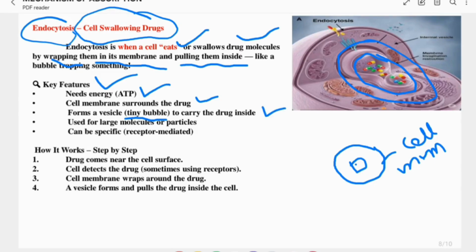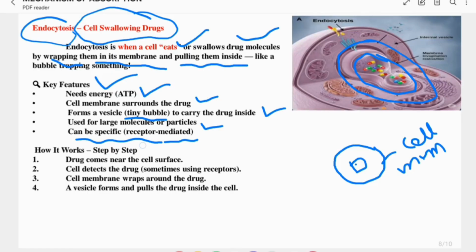This type of mechanism is followed by larger particles or larger molecules. If the drugs have larger particles or larger molecules, then this type of mechanism takes place, and it is specific. It is not common to all. Only a particular type of drugs will get absorbed by this type of mechanism.